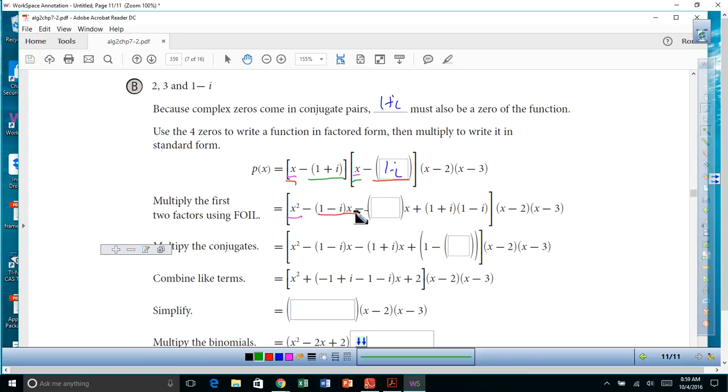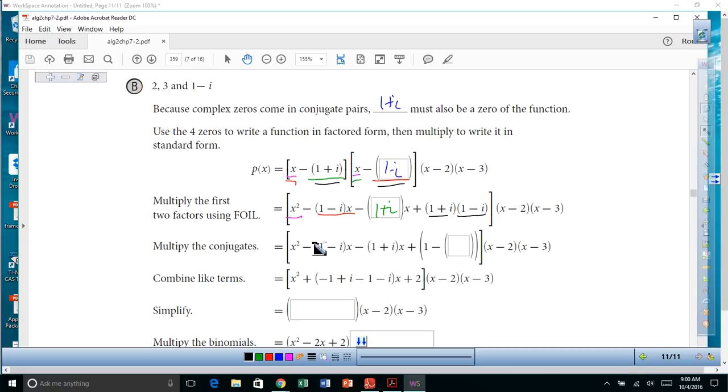Of course the last would be 1 plus i times 1 minus i. That's a minus and a minus, that makes a plus, times x minus 2 times x minus 3. This looks a whole lot more complicated than it really is. You do a couple of them, you'll have it down pat.